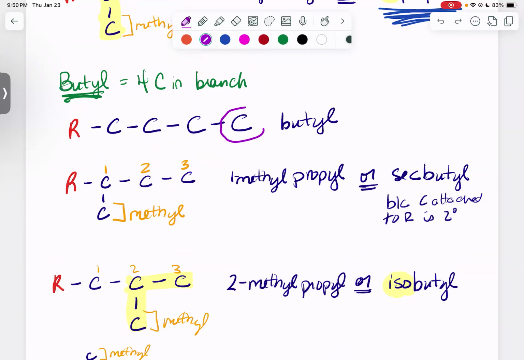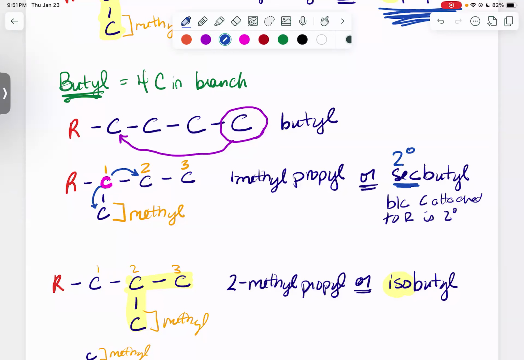If I took this last carbon and plunked it down on that first carbon, I would call this, in the common terms, sec-butyl, because the carbon that's attached to the parent, the pink one, is attached to two other carbons within the substituent, just like in the method that we did before. And so it's secondary, so we call it sec-butyl.